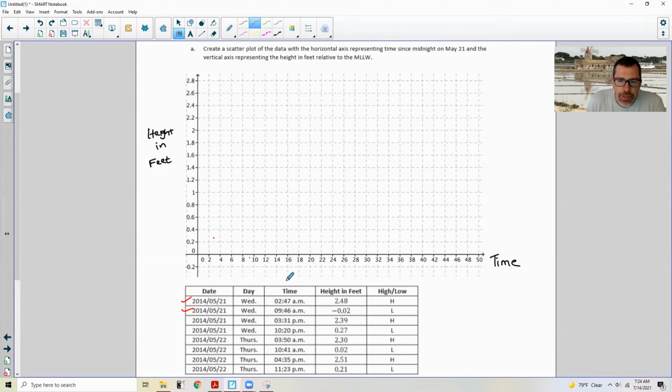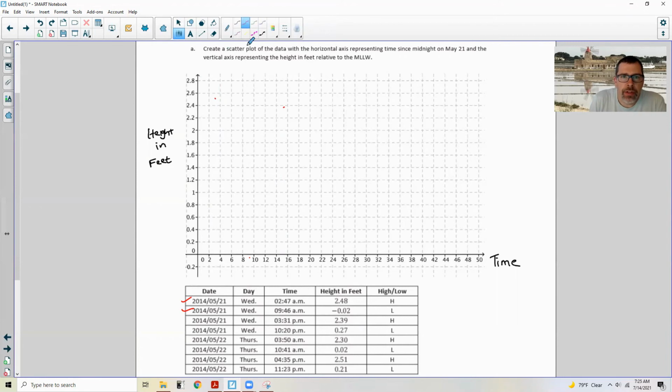So 3:31 p.m. is 15:31. And it should be right around here. And it's 2.39. 2.39 is way up here. And actually, I think I put this dot in the wrong place. It's 2.48. Let's move that up to 2.48, which would be about here.